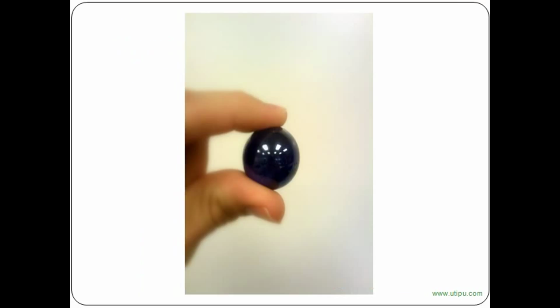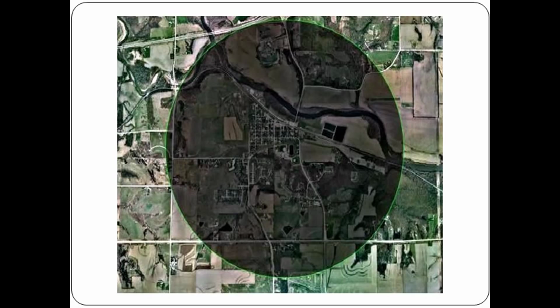Just to give you a better idea of the size of the atom, let's suppose the nucleus were the size of a marble. Here's a marble right here, one I'll have in class. If that were the size of the nucleus, then the overall atom size for a hydrogen atom would be larger than the city of Van Meter. Substantially larger.